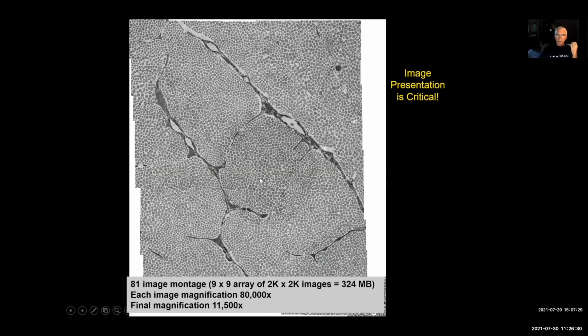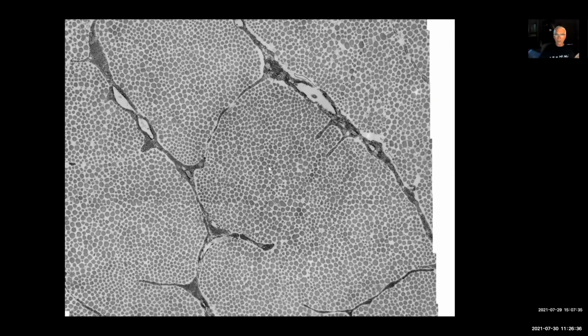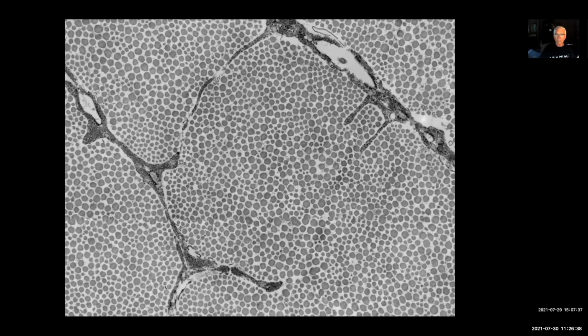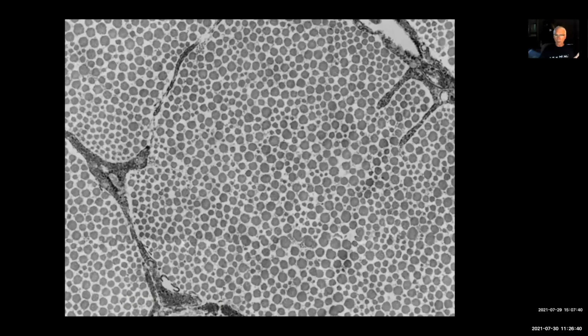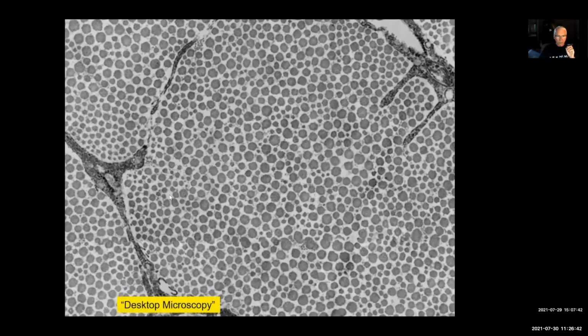And all these fibrils are cut in cross section. But what our collaborators really want to do is they want to see a field, but then they want to go in at higher magnification to actually examine individual collagen fibrils. And you can do this by taking a montage. So this montage was collected by taking 81 images at 80,000 times magnification, but the lower magnification image is displayed at 11,500.